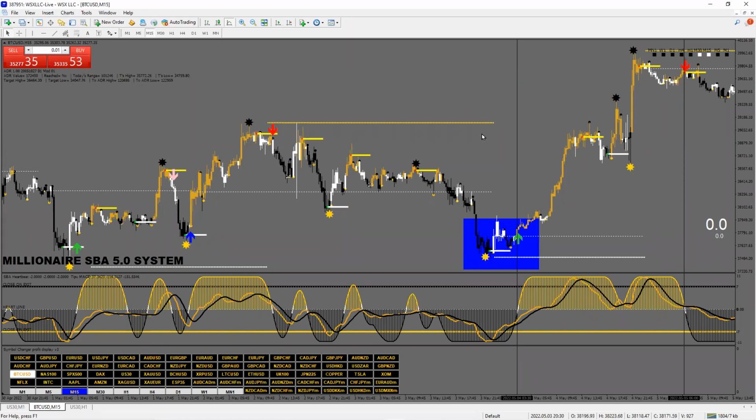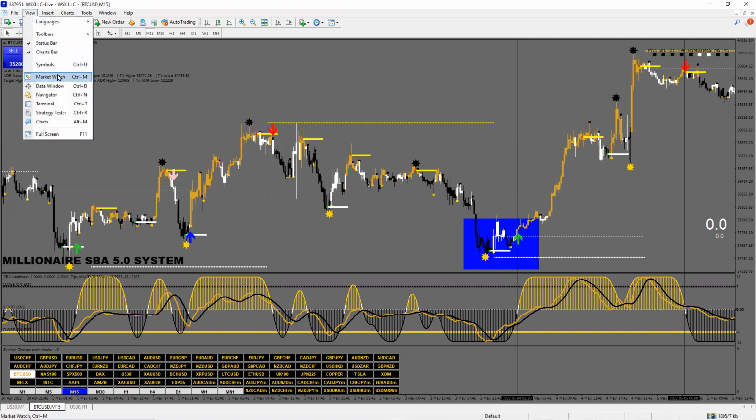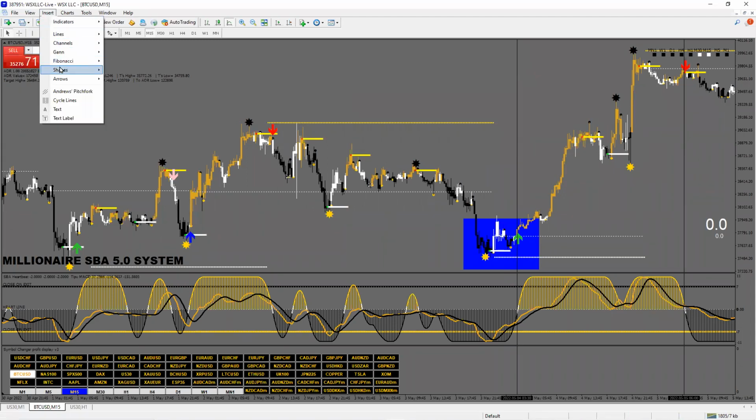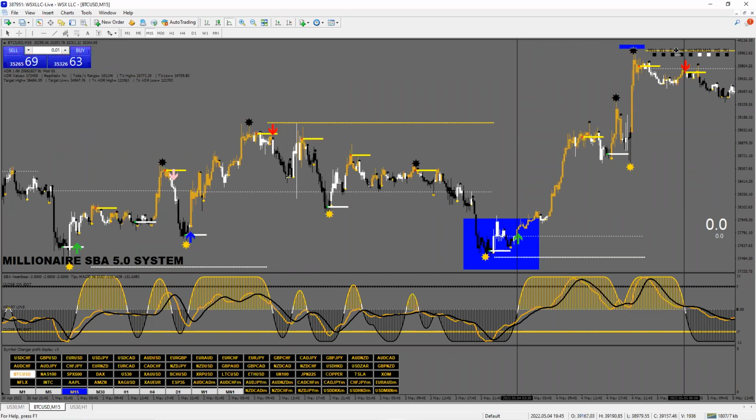Once you press that buy button, you're going to be on the trade and you're going to stay in that trade until you see the indication in the opposite direction. And what do I mean by an indication in the opposite direction? I mean that you see right here the black star, the yellow bar, and the red arrow.